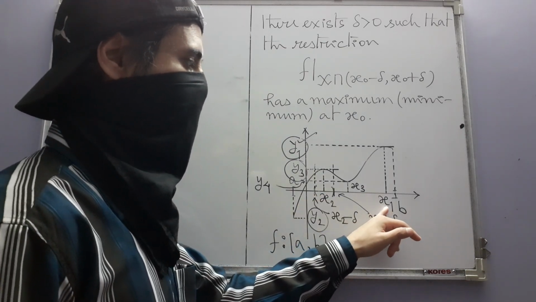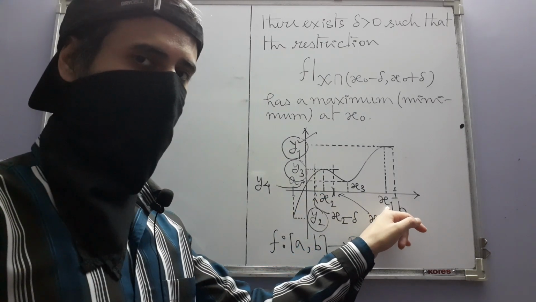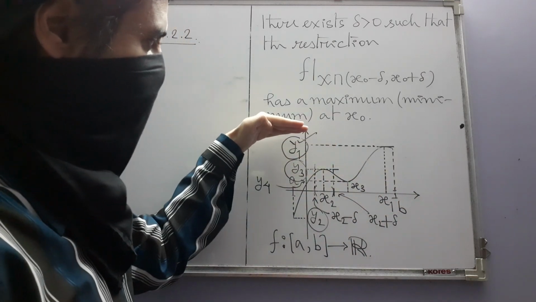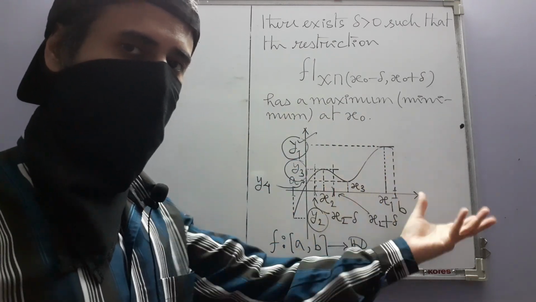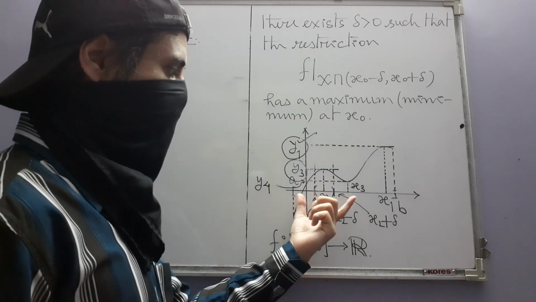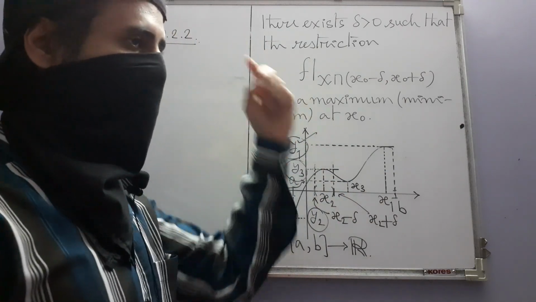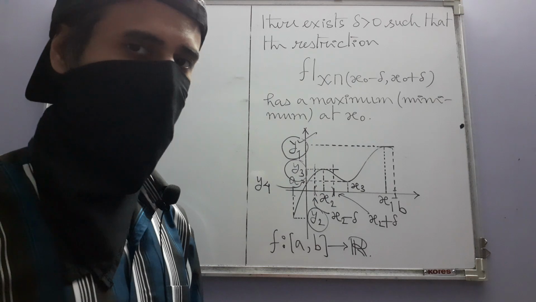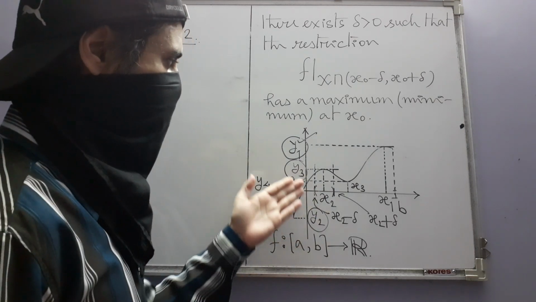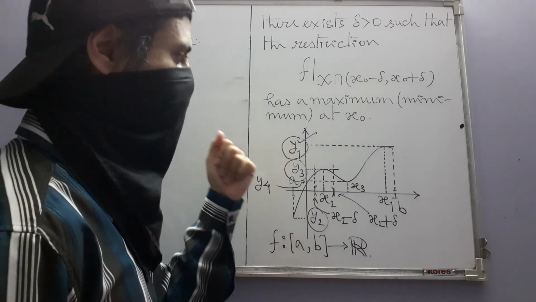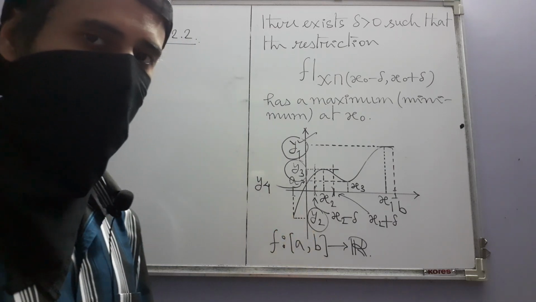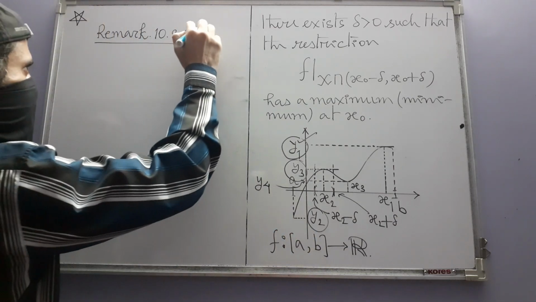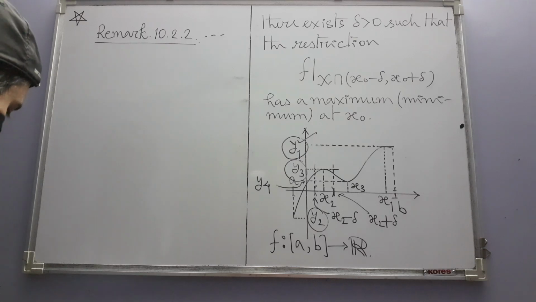However, you do not have that fear here. If you have a global maximum value attained at some point, then any delta you choose, you have the definition of local maximum at that point. Okay, so automatically a global maximum is also a local maximum. Similarly, a global minimum is also a local minimum.